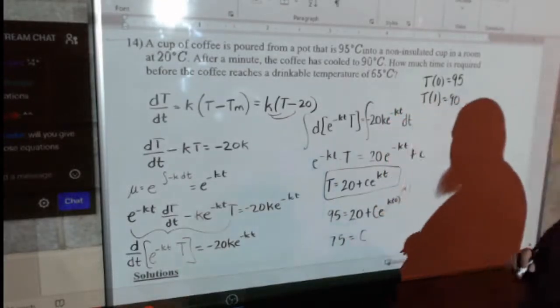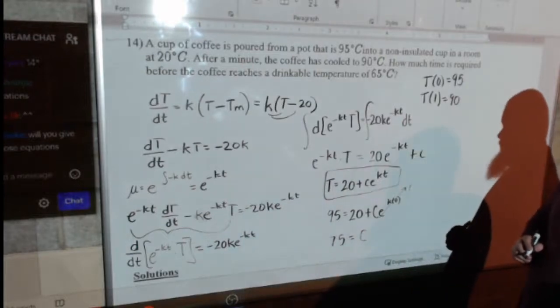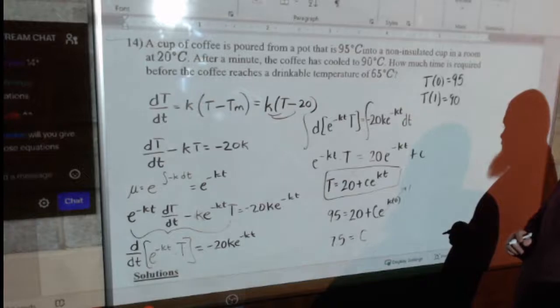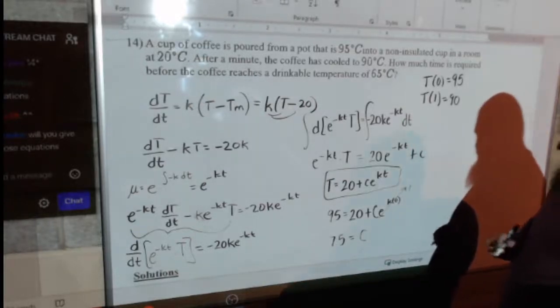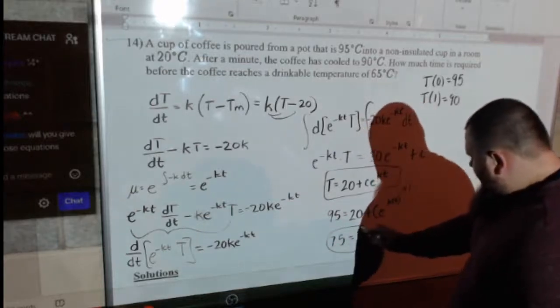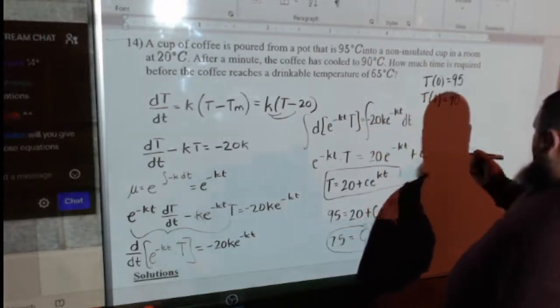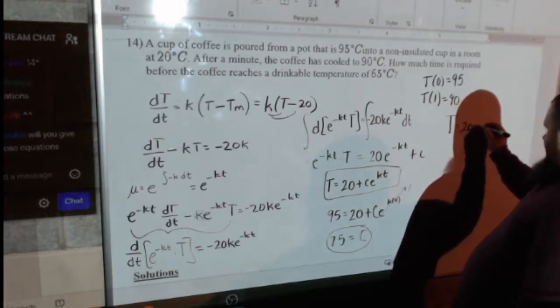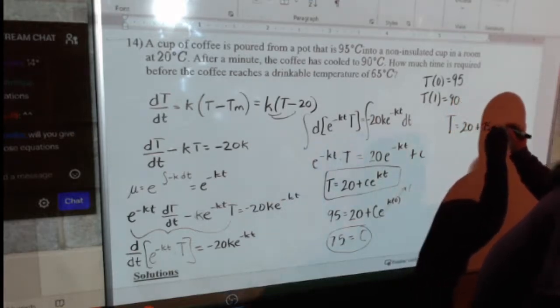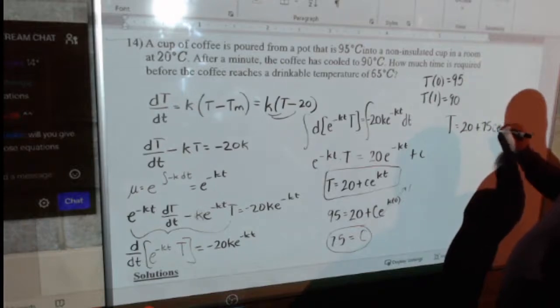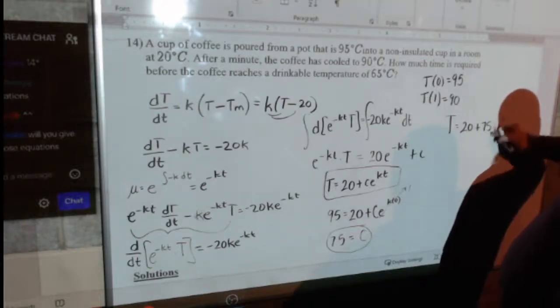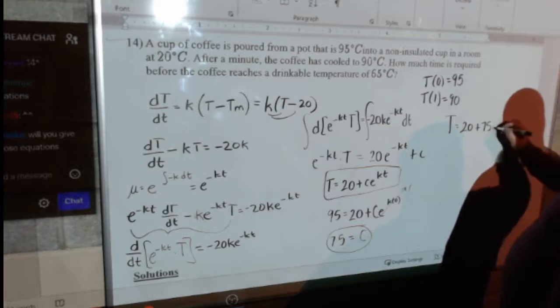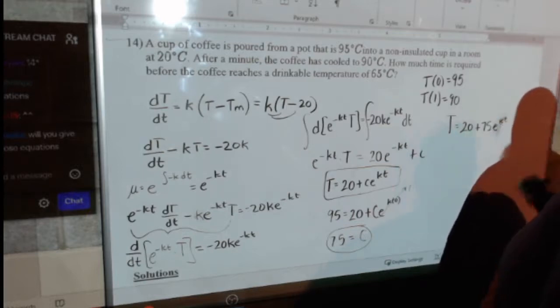And you get C. Once we have C, you can plug it back in. So now we have that the temperature T is 20 plus 75 e to the kt.